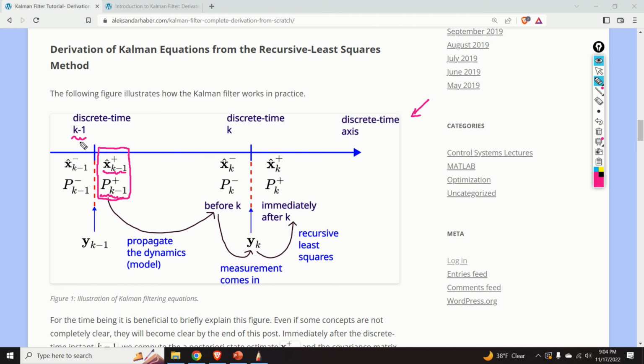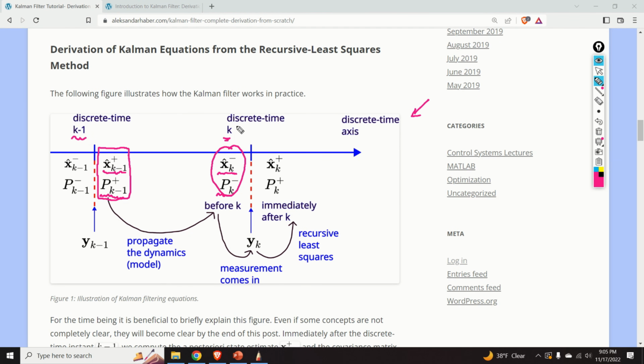The question is how to compute the a priori state estimate and the a priori covariance matrix of the estimation error at the discrete time instant k. Well, the main idea of the Kalman filter is to propagate these two quantities through the system model, or through the system dynamics. And that's it. In that manner, we compute these two quantities.